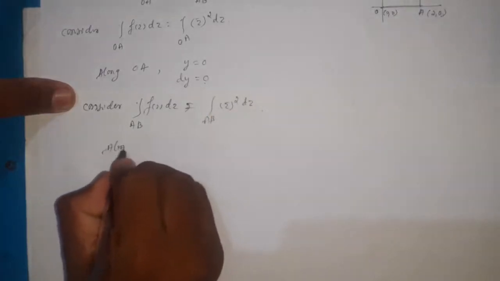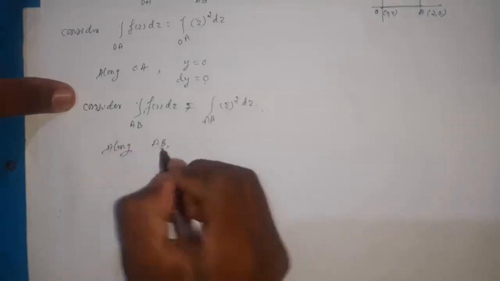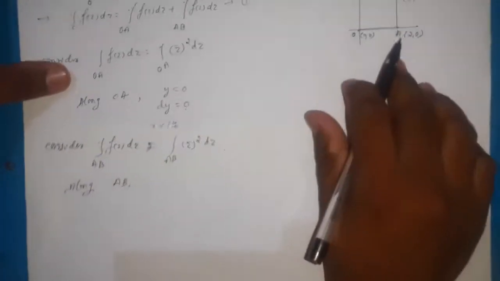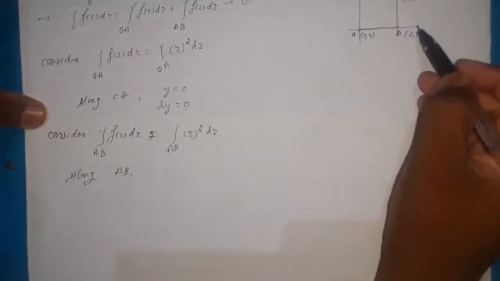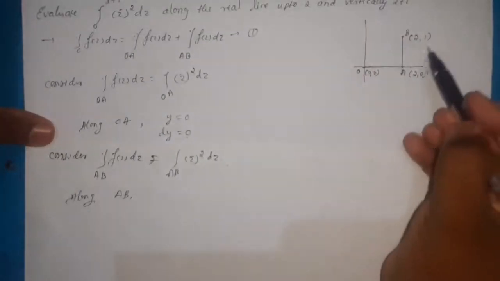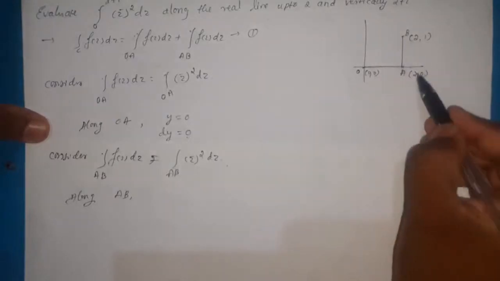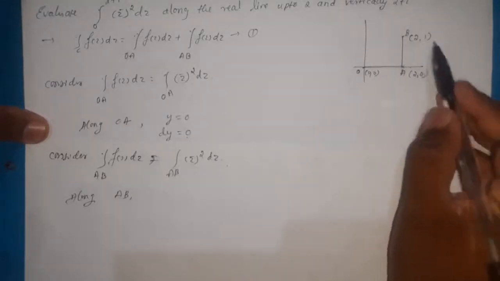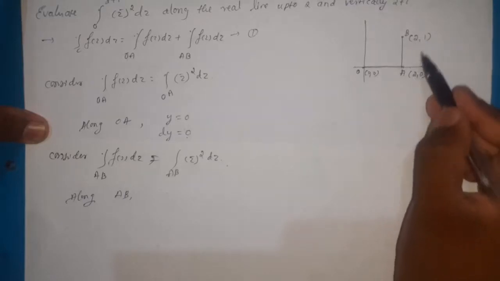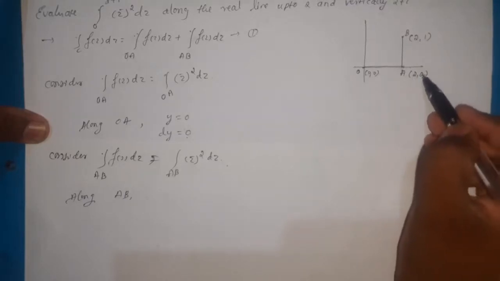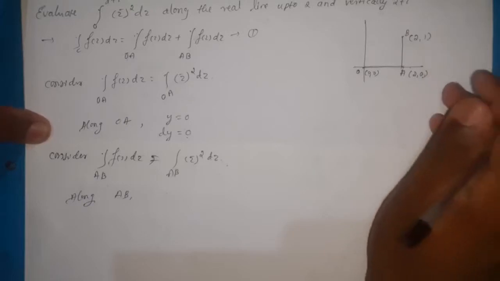Now along AB, so this is the line AB. Here along the line AB we can say that x is constant, that is x is not changing, means x equal to 2 only, but y is changing from 0 to 1.